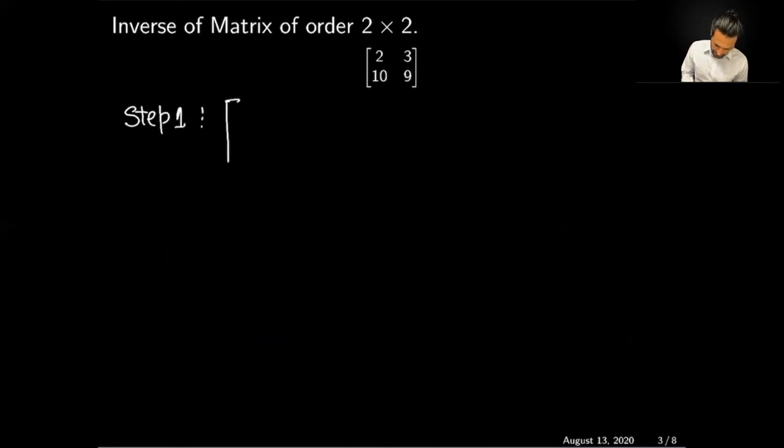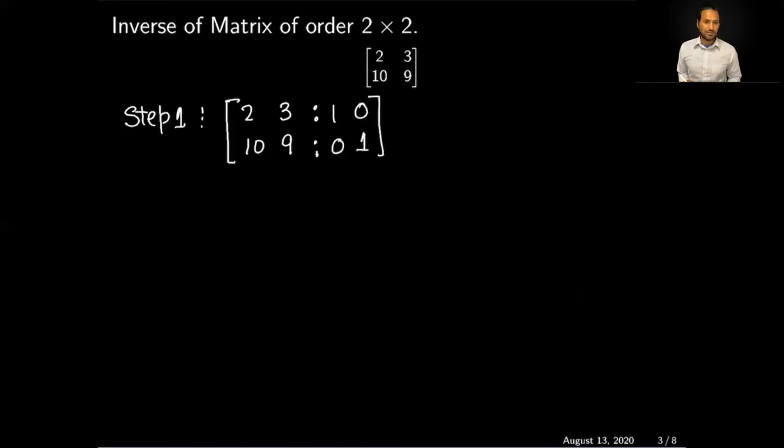So I will write this matrix 2, 3, 10, 9, and I will write the identity matrix on the right-hand side of it. This is called the augmented form.